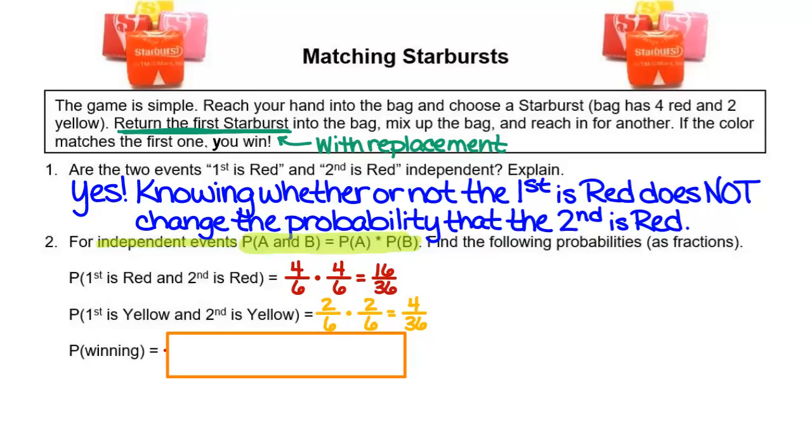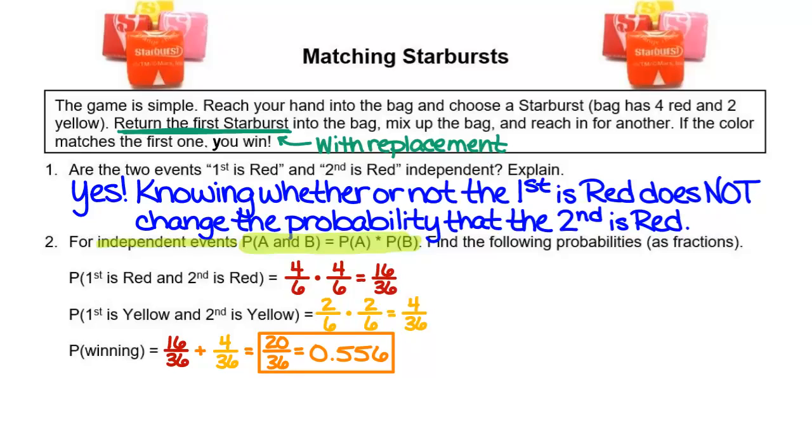So this is how you win with 2 reds. This is how you win with 2 yellows. So what's the probability that you just won? 20 out of 36, which is 0.556. Why am I allowed to just add these together and not worry about subtracting anything back out?